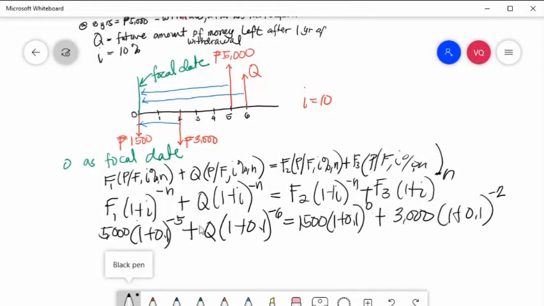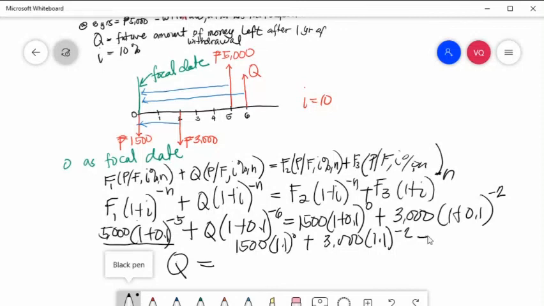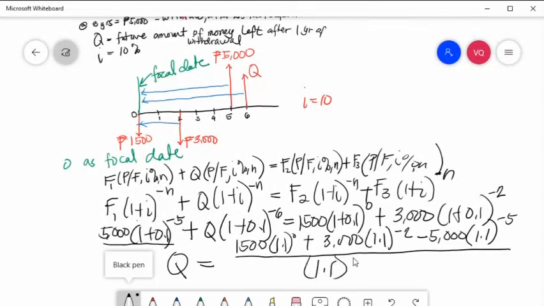What will be the value of your Q? So you will have Q equal to 1,500 times 1.1 raised to 0 plus 3,000 times 1.1 raised to negative 2 minus 5,000 times 1.1 raised to negative 5, divided by 1.1 raised to negative 6.